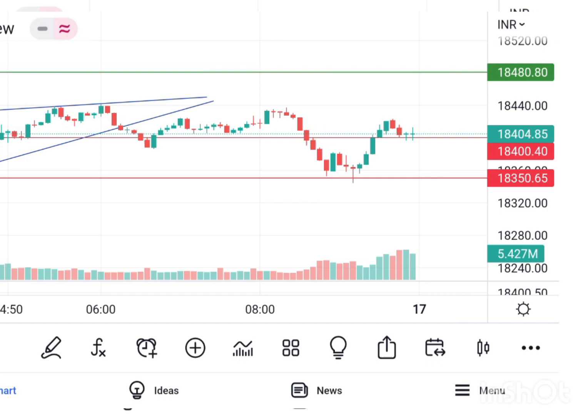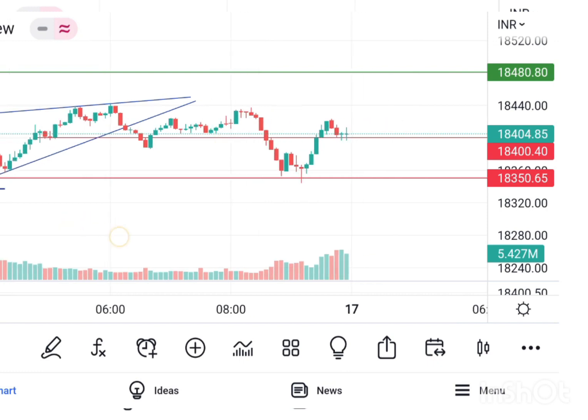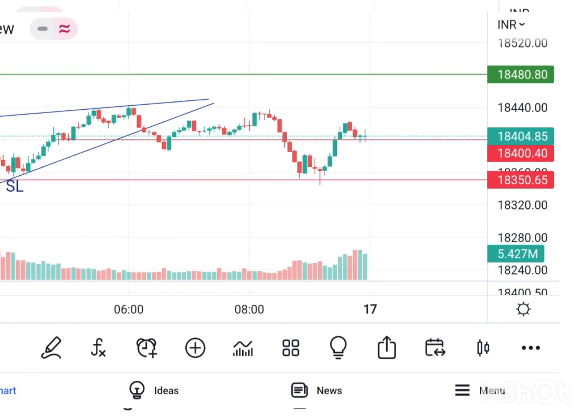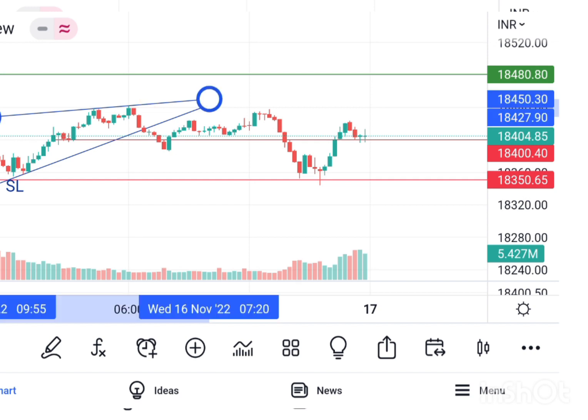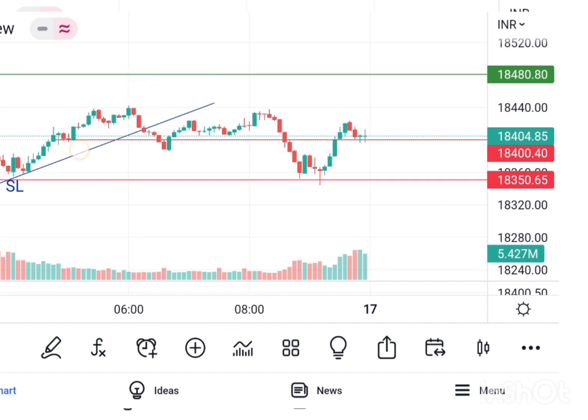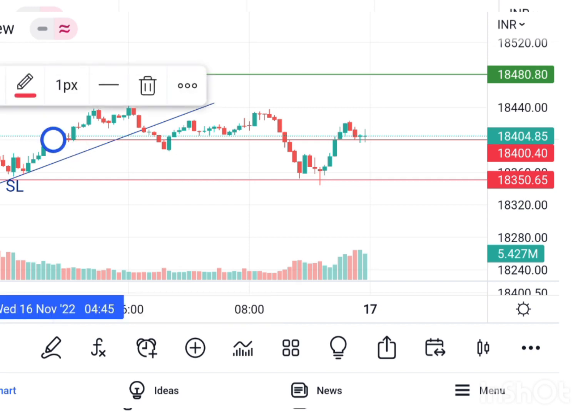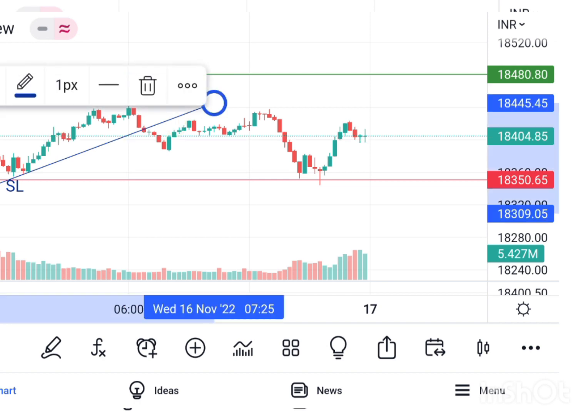So the wedge that Nifty had made here became somewhat less important.